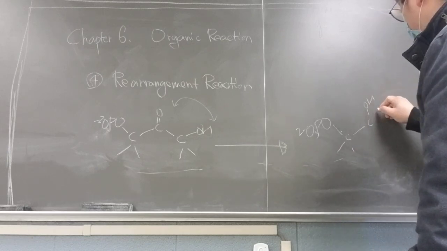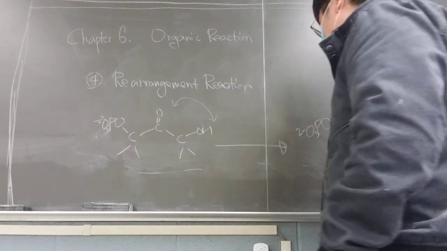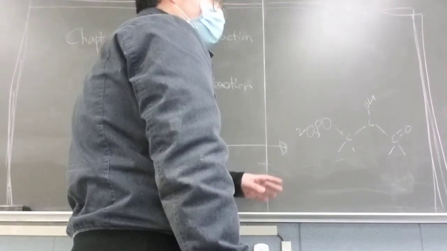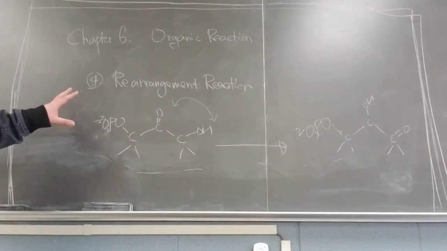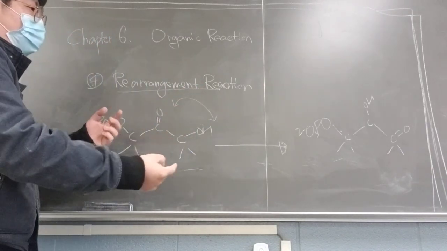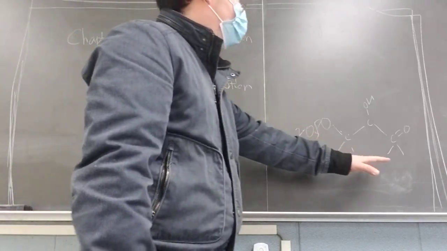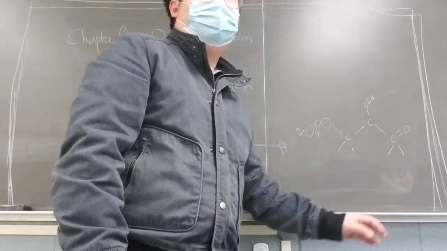So this one will have a hydroxy group over here now, and this is the aldehyde group over here. So this is the glyceraldehyde 3-phosphate. This is obviously a good example of rearrangement. We just rearrange those two groups on different carbons, now in a different position here and over there.